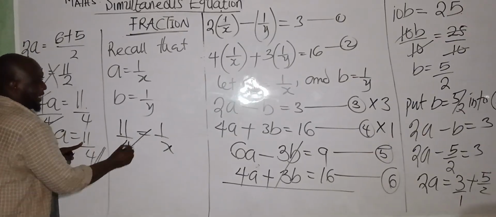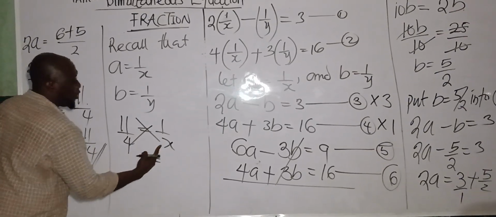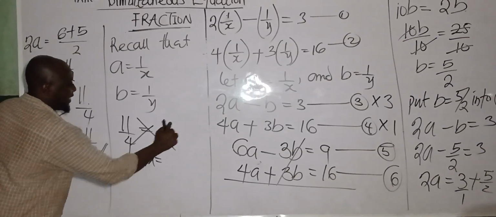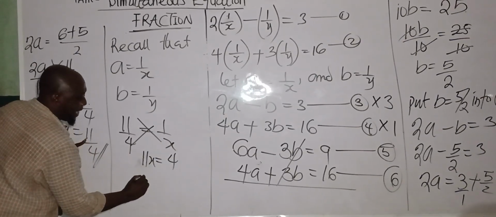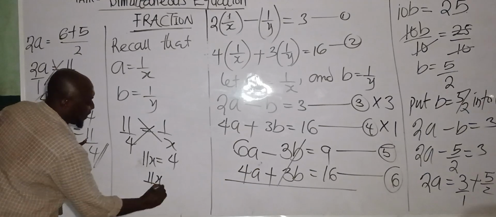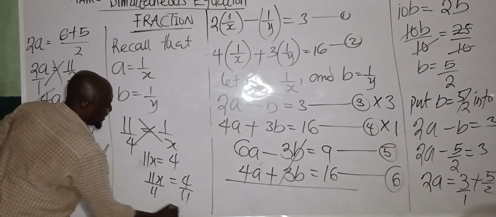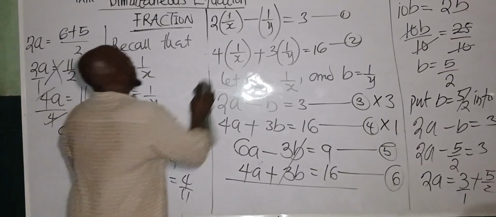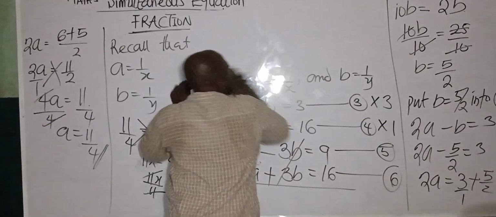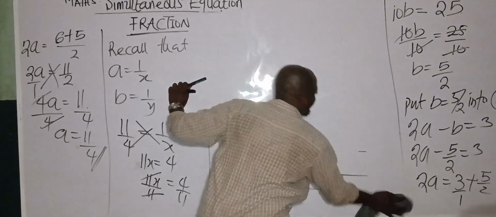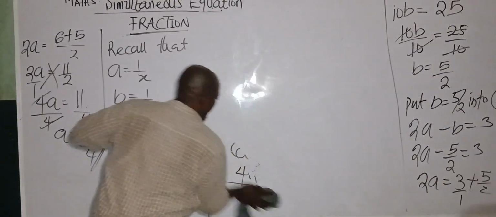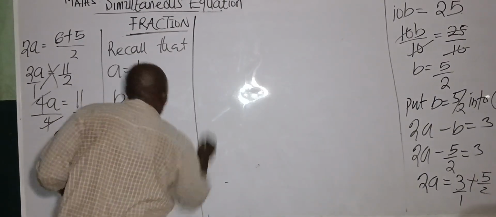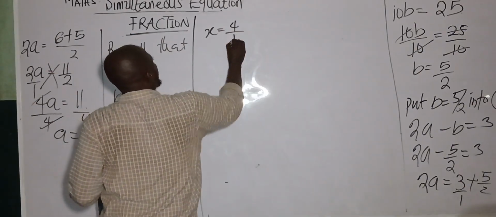When you cross multiply, this comes here, this comes here. So 11x equals 4. Divide both sides by 11: 11x over 11 here, 4 over 11 here. This takes care of this. Finally, our x becomes just the inverse of the given value. So x now becomes 4 over 11.